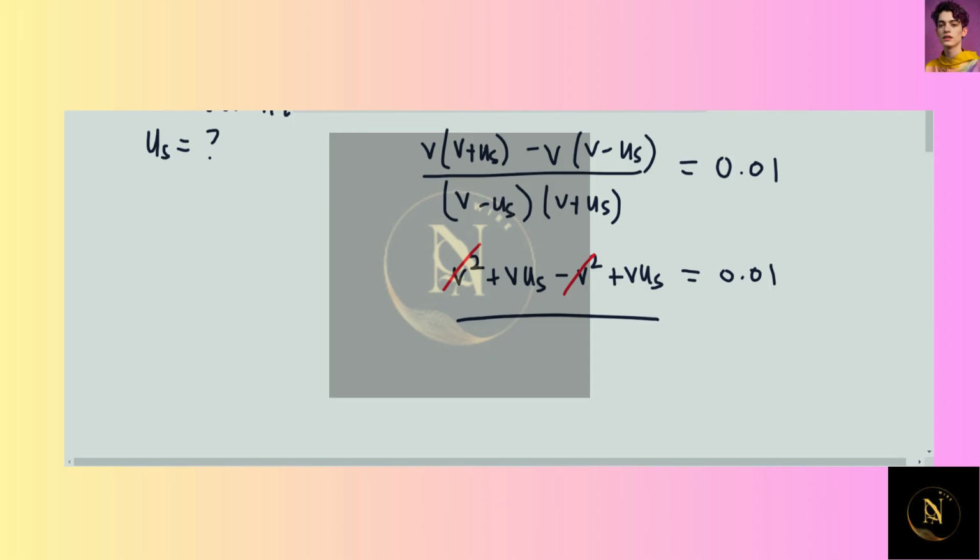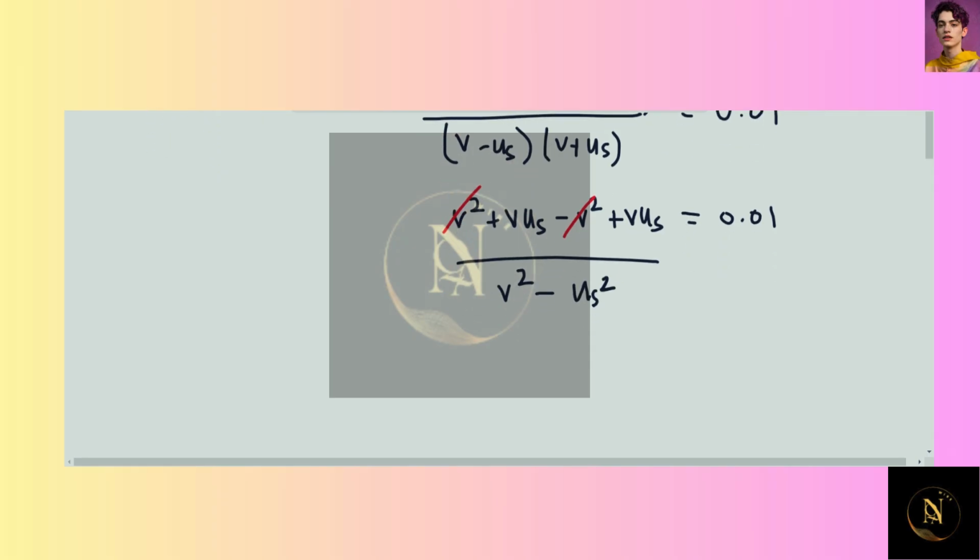On the bottom, the middle term is going to cancel out, so we just get V squared minus US squared. So I get 2 V US on the top, and I'm going to just multiply everything by the bottom. So that's going to be 0.01 V squared minus 0.01 US squared.